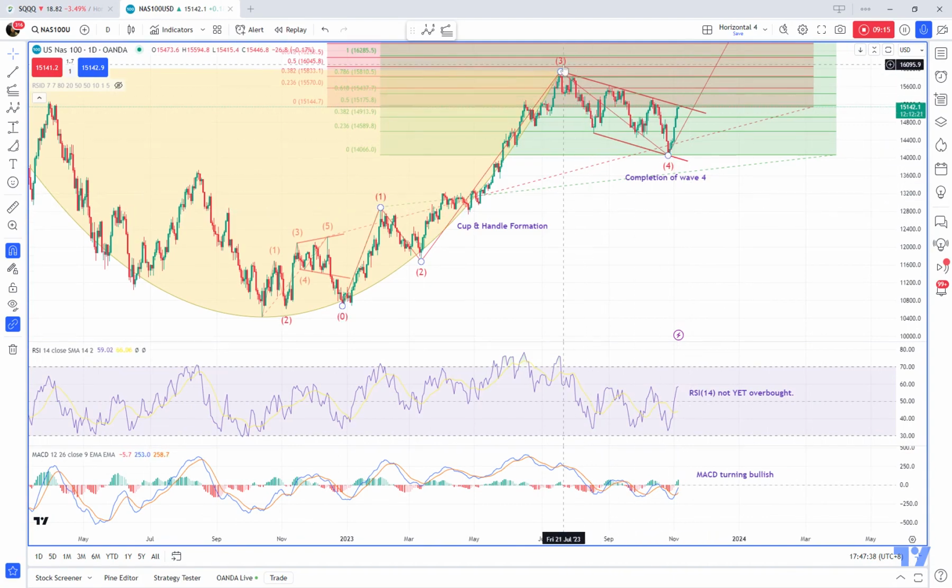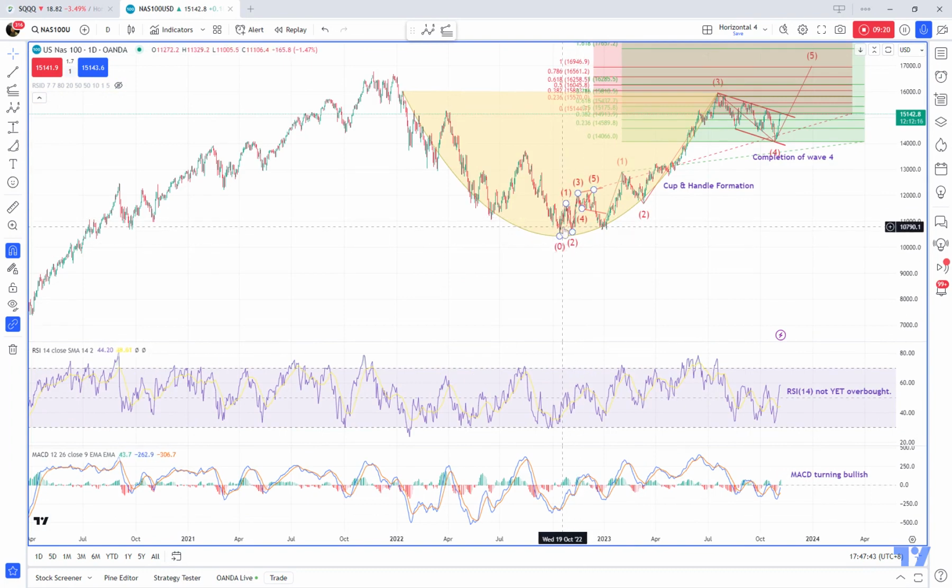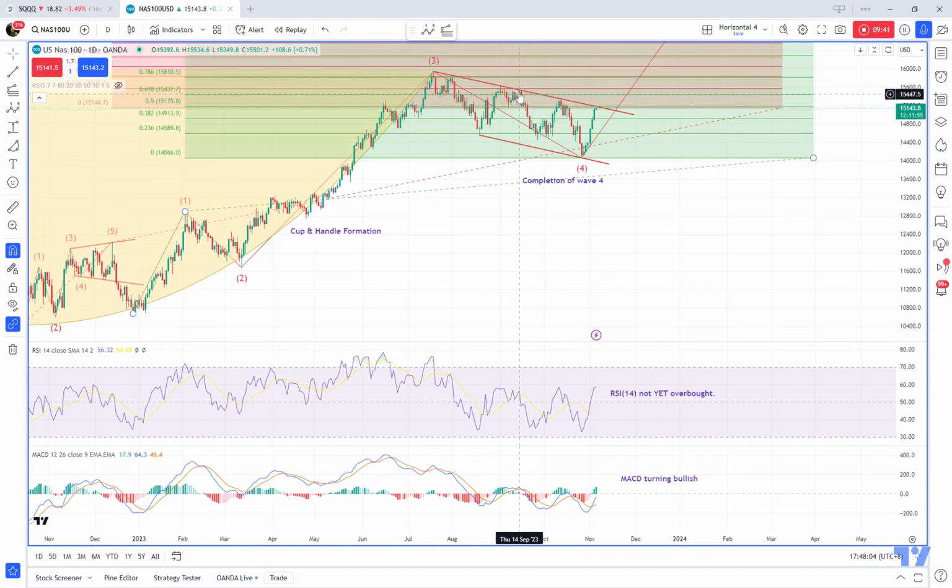Some analysts will tell you that there are different counts over here. So this could be a 1, then this A, B, C, and then you have a B, and then C, and this one could be a leading diagonal, which is not really a good way to count it, because a leading diagonal requires 5 waves.